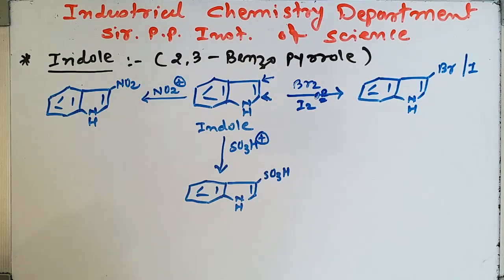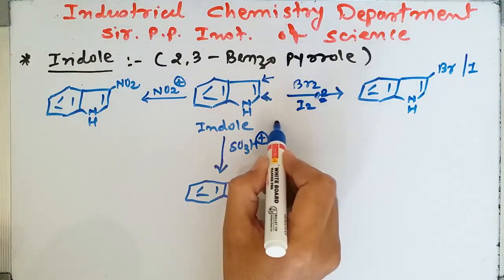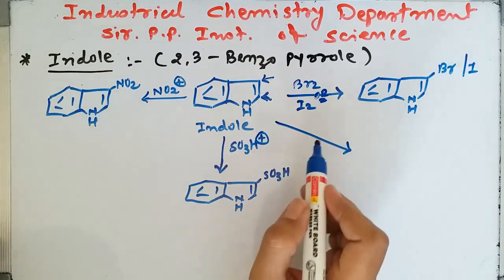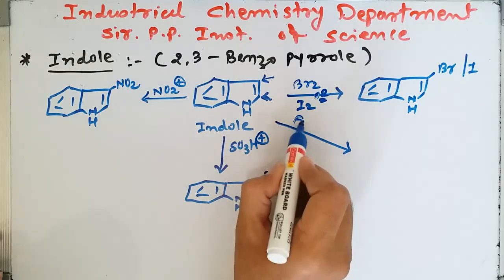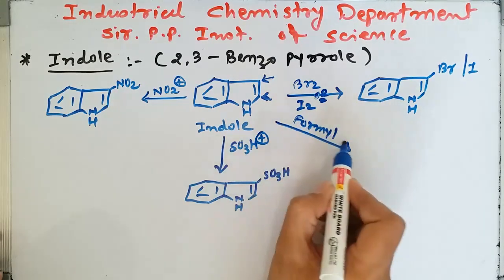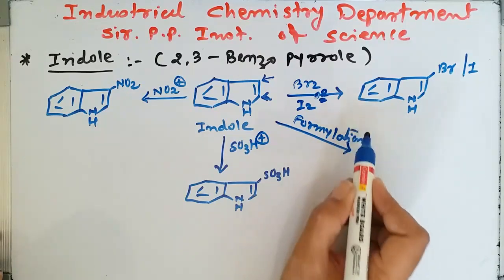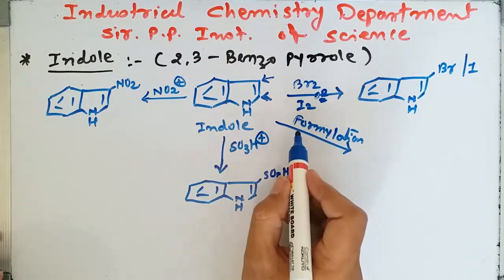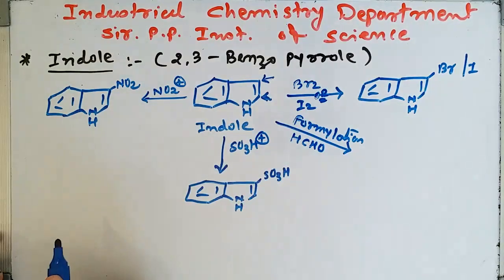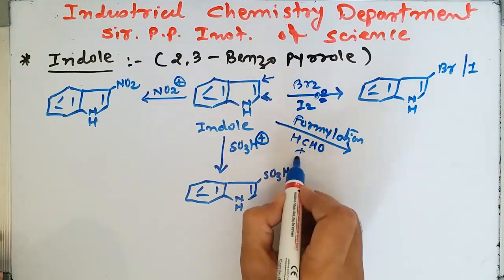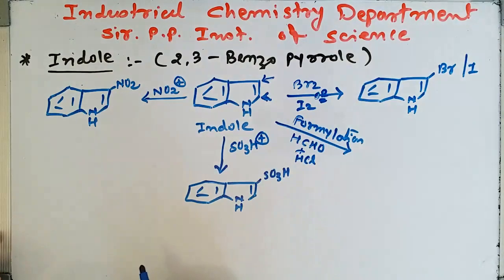Now we see the formylation reaction of indole. Formylation with the help of formaldehyde and hydrochloric acid.